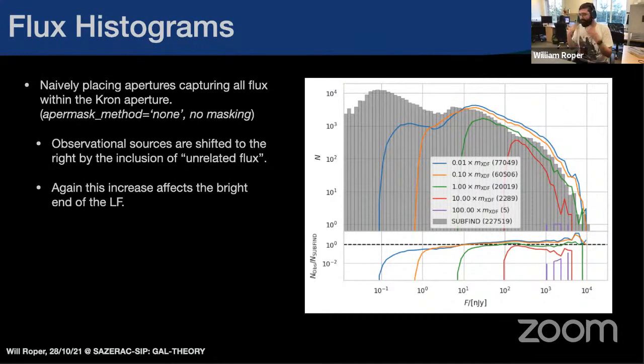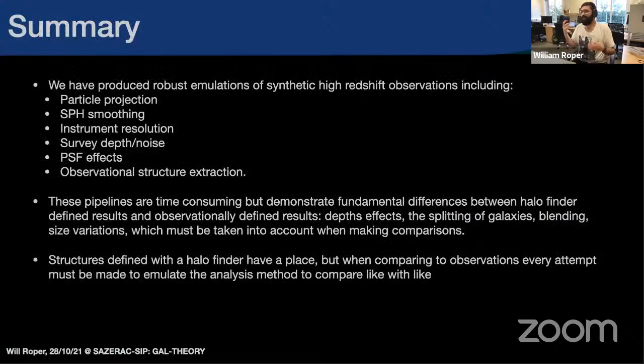So hopefully those two plots alone, I hope to include more, but I haven't been able to, give the motivation for comparing with observations with apples to apples comparisons, because halo finders, with all the assumptions that go into using them, do not well emulate what we see when we actually look onto the sky.